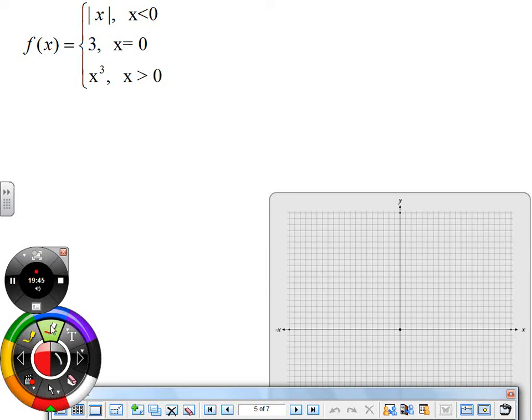So, how many fences? 2 fences? Just one fence, but kind of a weird situation happening here, right? Our fence is going to be at 0, just like it was last time. What do you expect to see on the left side of the fence?